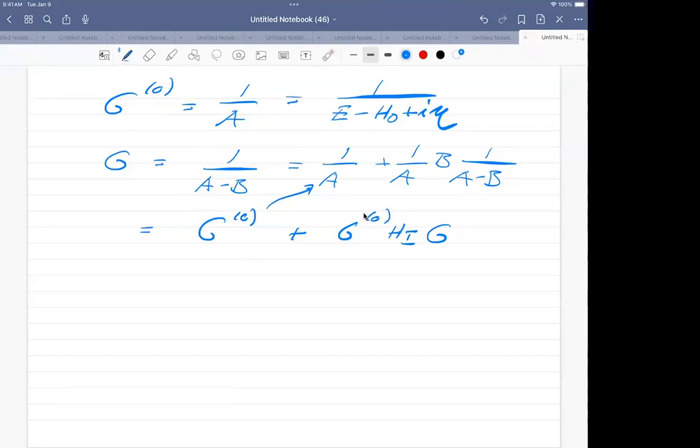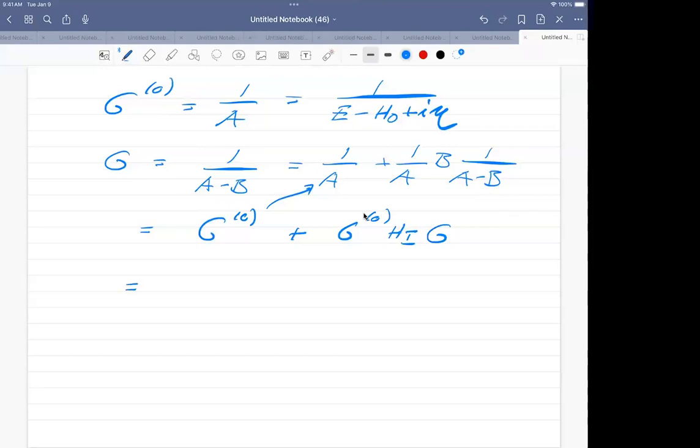And now you see that this is something which looks like what we did earlier when it came to the wave function in many-body perturbation theory, or in Brillouin-Wigner perturbation theory, or Rayleigh-Schrödinger perturbation theory. So what we can do now is simply to expand this quantity here in G0.